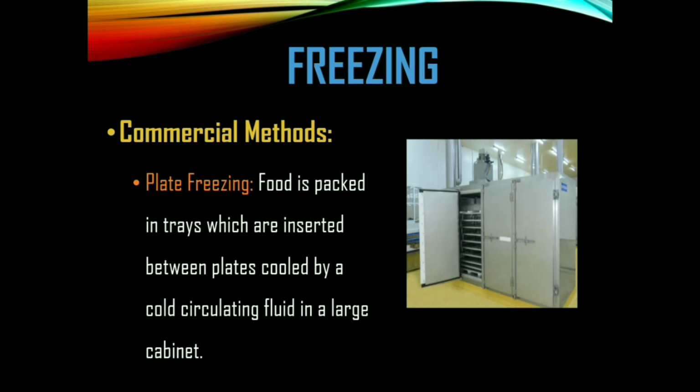Commercial methods of freezing. We're going to look at 3 commercial methods, and the first one is plate freezing. And as you can see, this is an example on your right of what the plate freezer looks like, right? So food is packed in trays which are inserted between plates, cooled by a cold circulating fluid in a large cabinet. And this is an example of what it looks like.